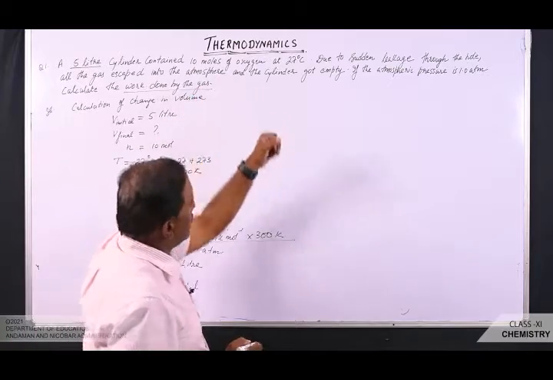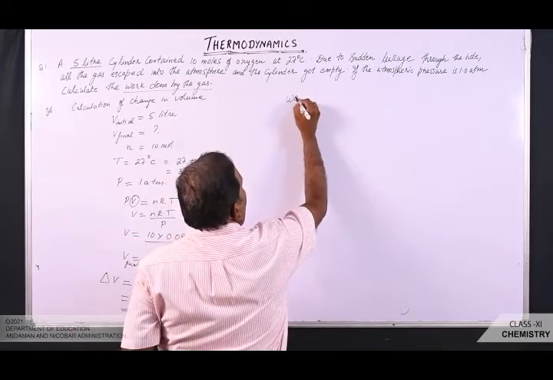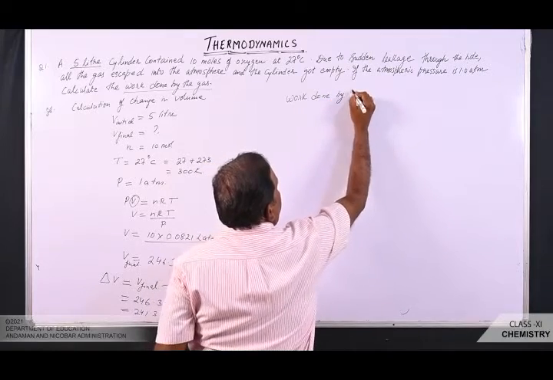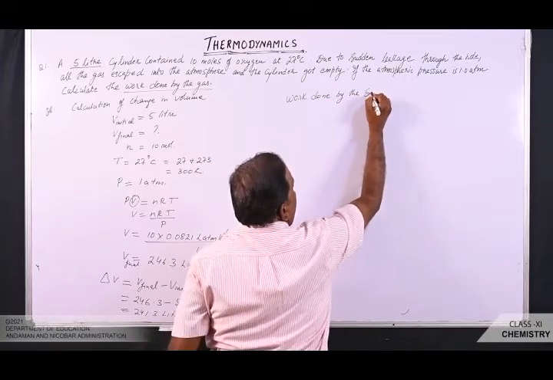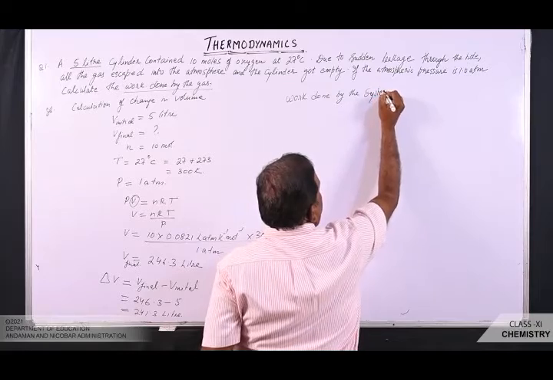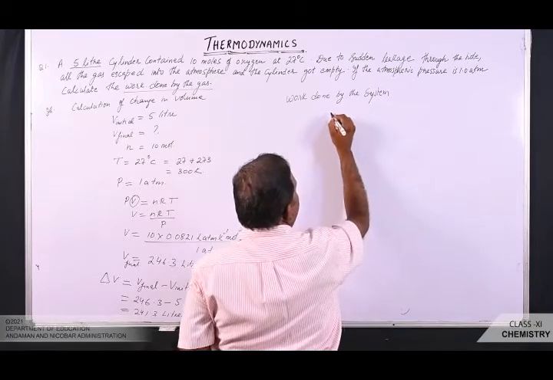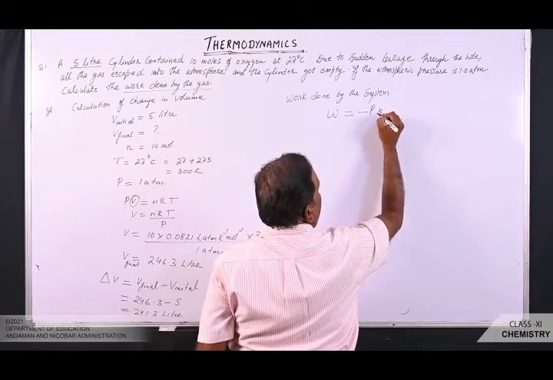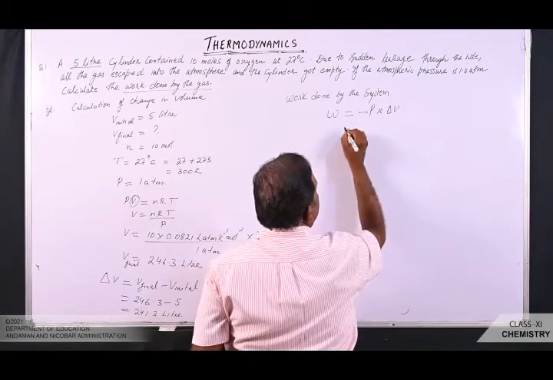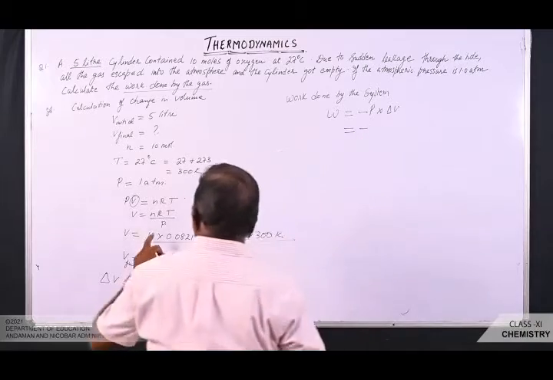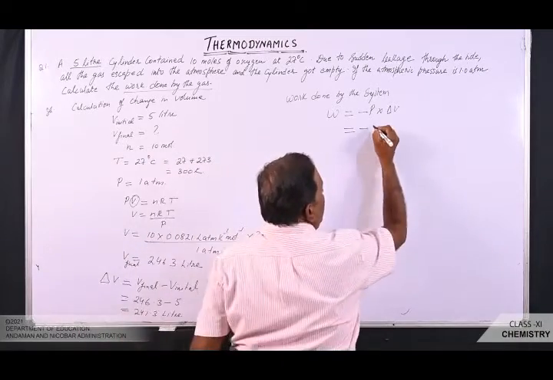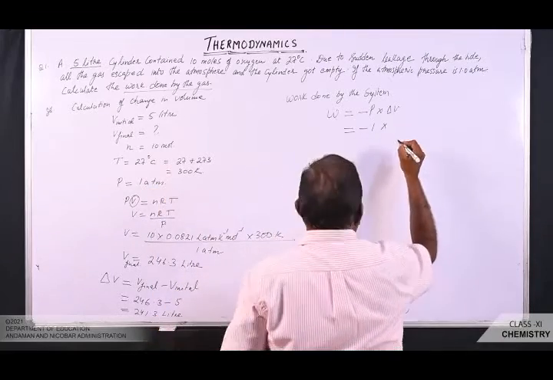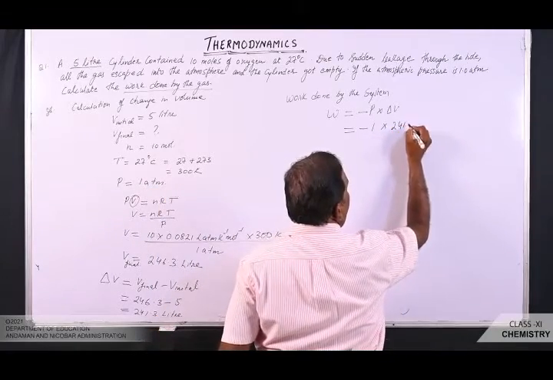Which gas? Oxygen gas. So work done by the system, or you can say the gas, W is equal to minus P into delta V. So minus, we have pressure as 1 atm, into 241.3.